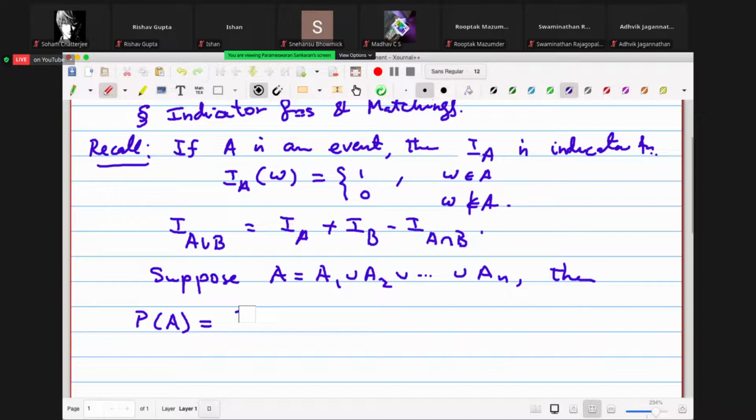I think the connection, okay, so this is a basic thing that we have used before. You think of the indicator function as a random variable, then the expected value of this is precisely the probability of A.